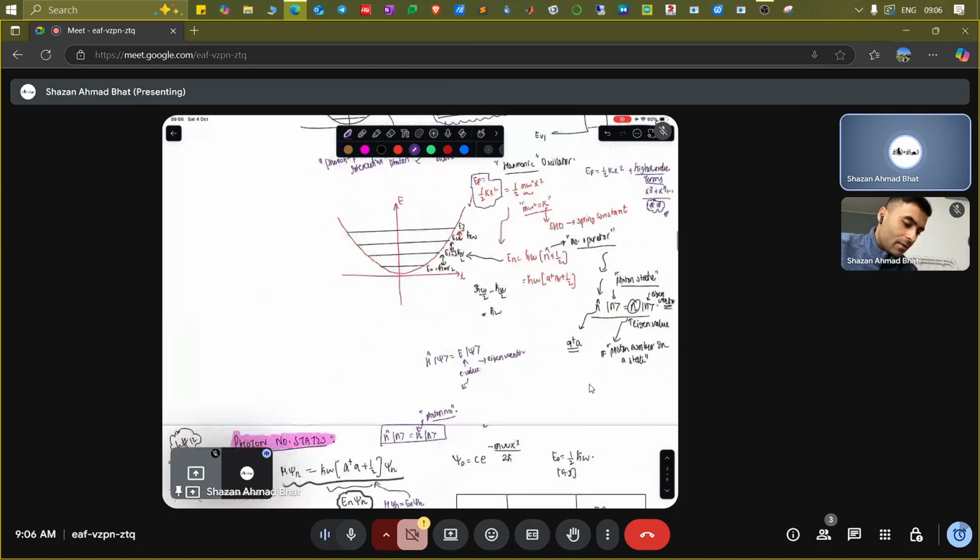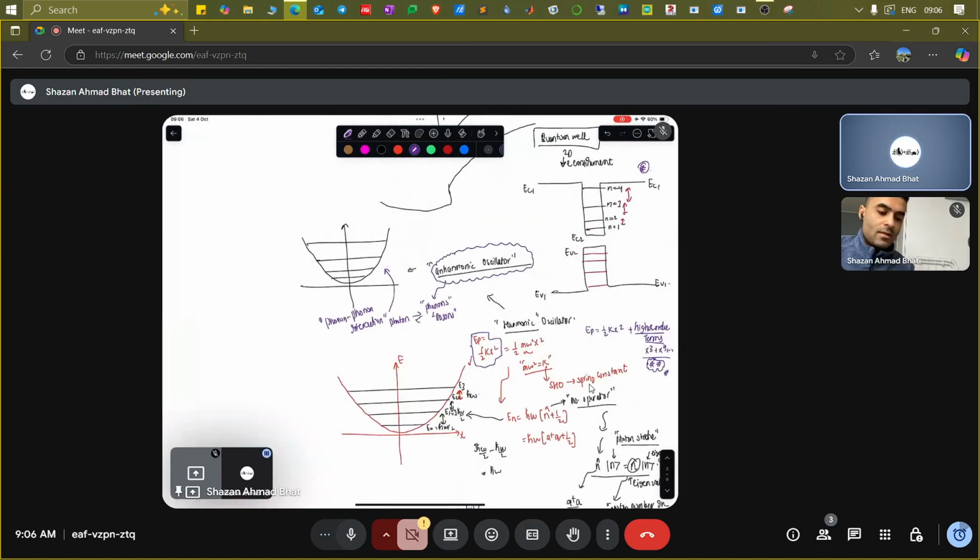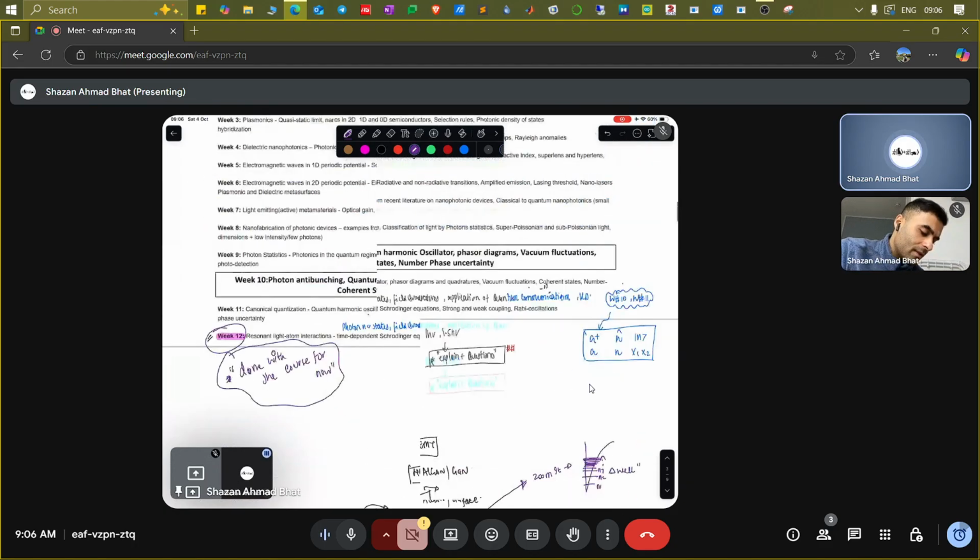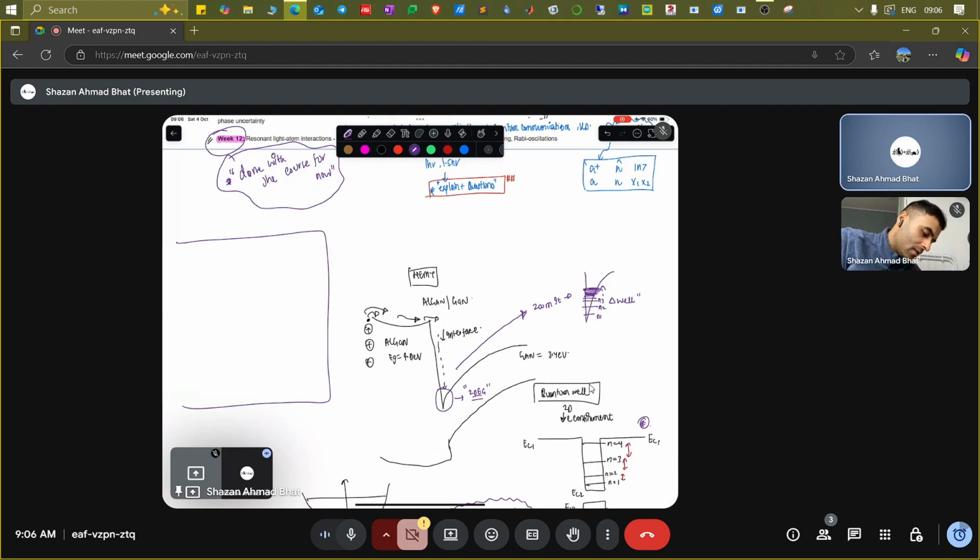So the essential factor is, if you really want to understand the quantum aspects, then maybe you can look at Mark Fox's book on quantum optics. So this is particularly a book on quantum optics.